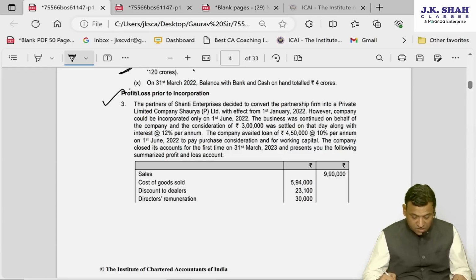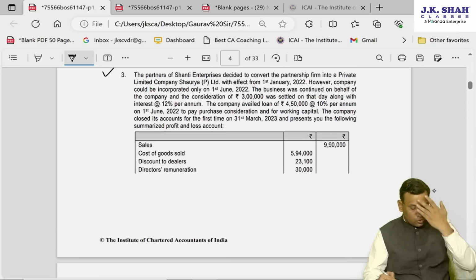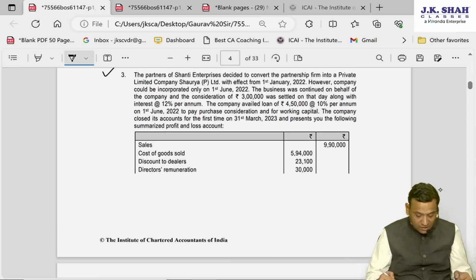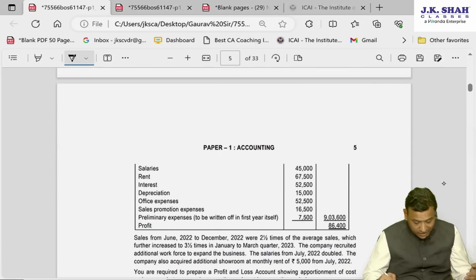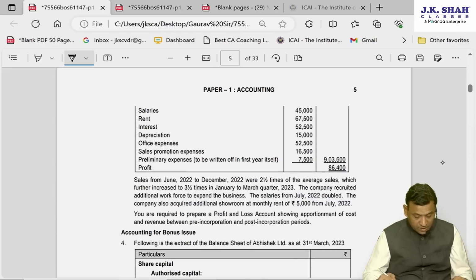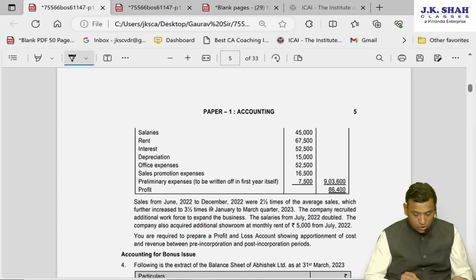The company closed its accounts for the first time on 31st March 23 and presents you the following summarized P&L. Sales, cost of goods sold, discount to dealers, directors' remuneration, salaries, rent, interest, depreciation, office expenses, sales promotion expenses, preliminary expenses to be written off in the first year itself. Profit has been given. Sales from June 2022 to December 2022 were 2.5 times the average sales, which further increased to 3.5 times in January to March 23.